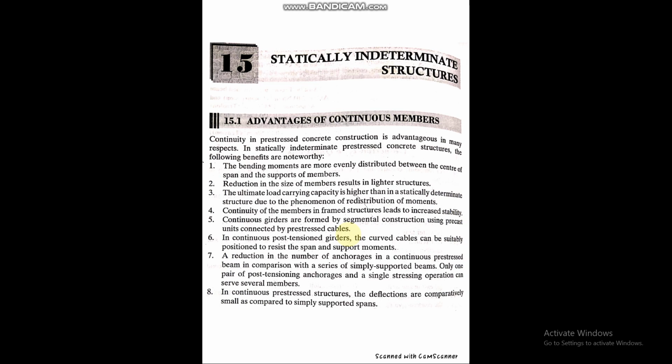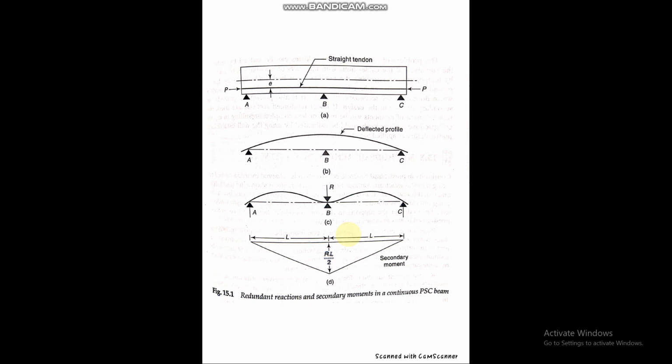As a result, since the bending moment is distributed, the size of the section reduces, and ultimately the load carrying capacity is also higher when you compare with statically determinate structures of the same dimensions, right? Now, how am I saying that the bending moments are more evenly distributed? We have to go to the next slide to understand that.